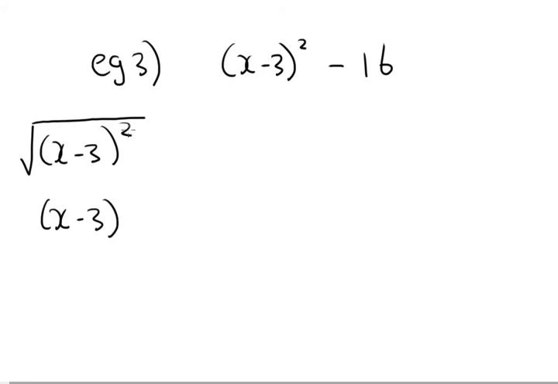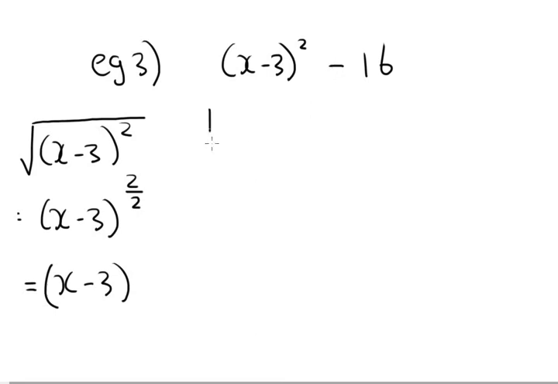Why? Because you've got 2 divided by 2 is equal to 1. Remember, according to the laws of surds. So that is a perfect square. That's a perfect square, and I have a negative in the middle.